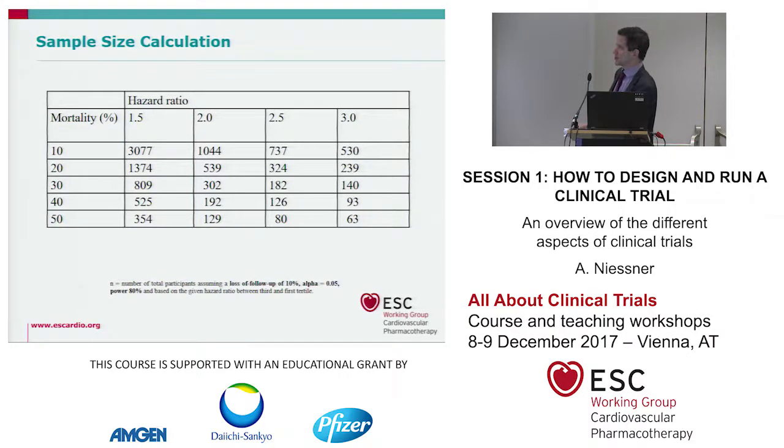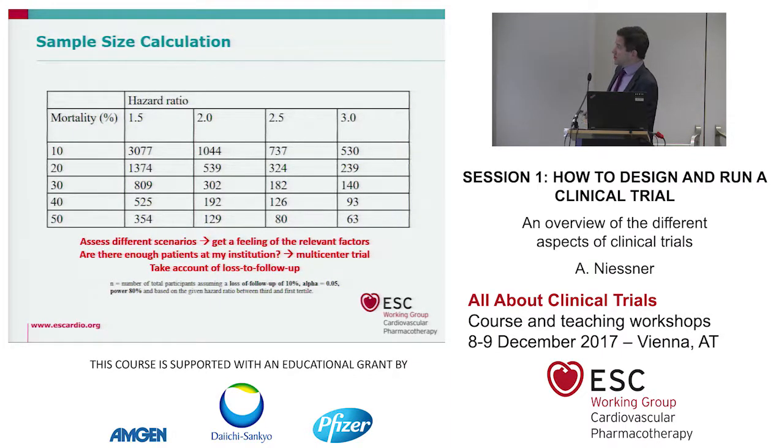So that's the second variable which influences the need for a sample size: the event rate. And these are very nice numbers, and we will also calculate some sample sizes tomorrow, but you have to be aware that 10% is a rather frequent event rate, so usually you deal with 2, 3, 4% even, so you need a much higher number.